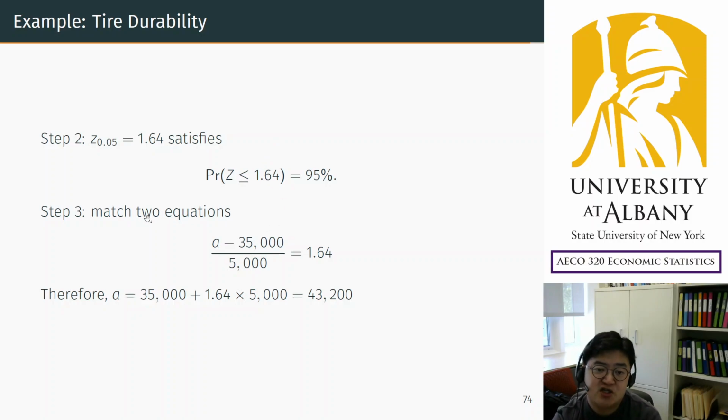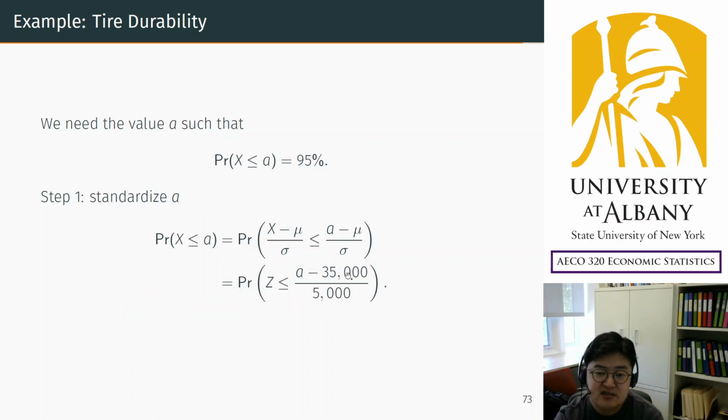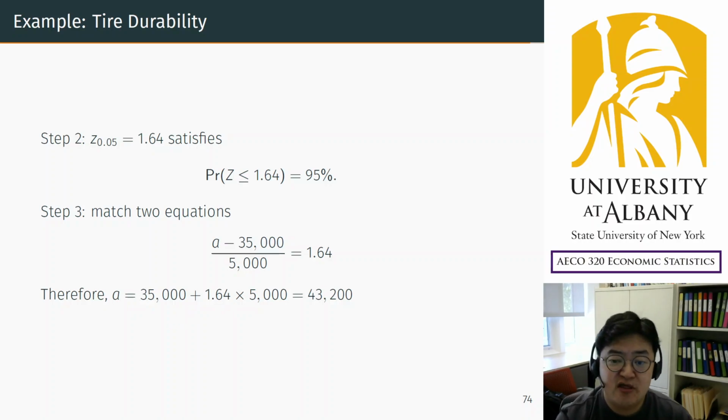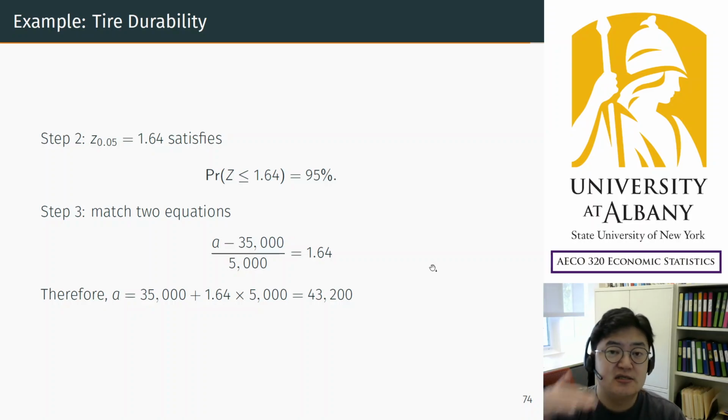And then you match this standardized term and 1.64. Then in the end, as I explained, the number you get is 1.64 standard deviations above the mean. So you multiply 5,000 by 1.64 and add that to the mean. That is 43,200 miles. So that is the top 5% in the tire mileage distribution.